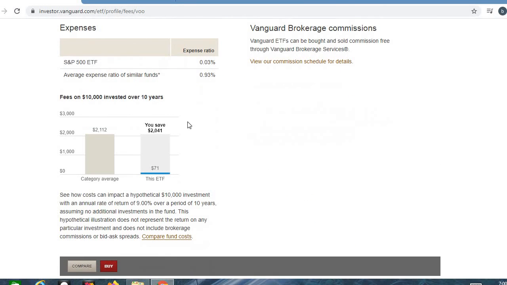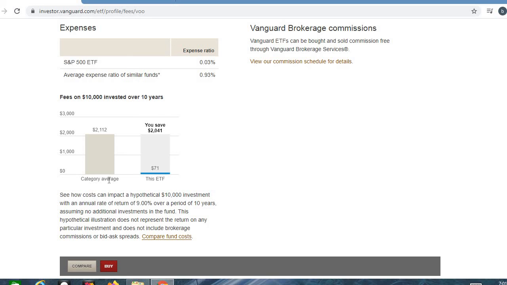Fees. Now we'll talk about fees. The expense ratio of the S&P 500 index fund is 0.03%. If you compare it to the expense ratio of a similar fund, it is 0.93%. The chart shows fees on $10,000 invested over 10 years.